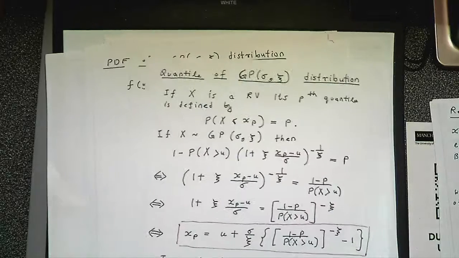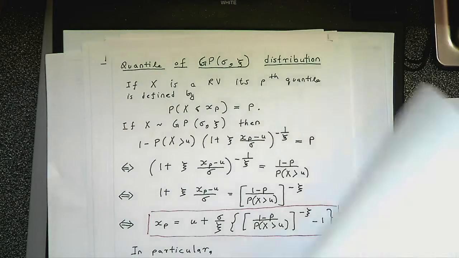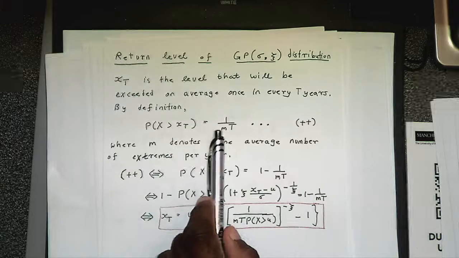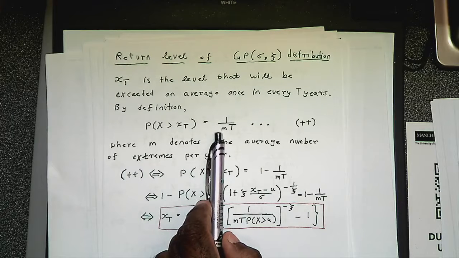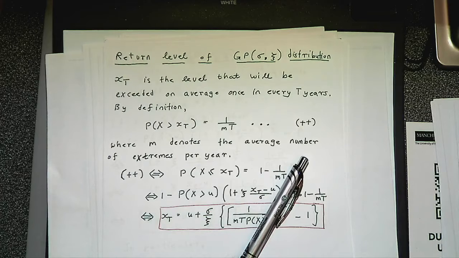And the next thing is return level. In this case, to get the return level, you need to solve this formula, because if you take, say, capital T years, the extreme values are not like one every year, because the definition is different.